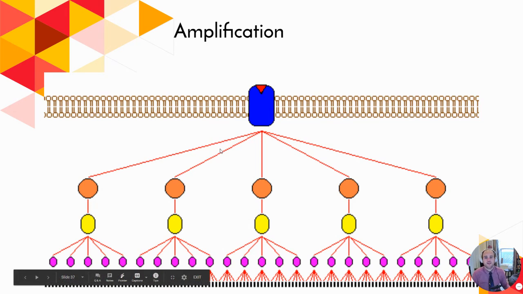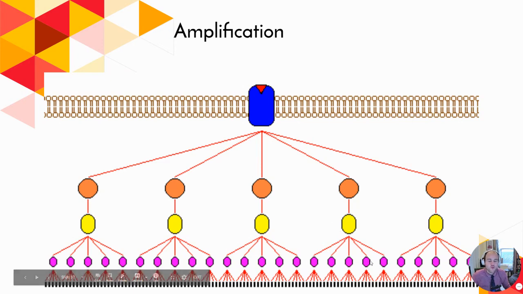And so you can see how from one ligand, all of a sudden we have a whole bunch of second messengers or chemical messengers flooding through the cell to turn on whatever our response is. So turn on that transcription.